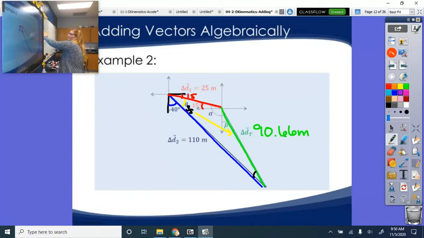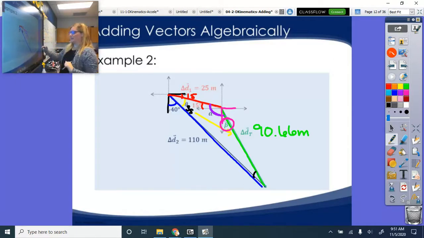Instead, I want to solve for this angle up here in my triangle, because eventually I want to get this one, which tells me what direction my resultant vector is heading. I'm going to use my law of sines because I know 1 angle and I know all of my sides.